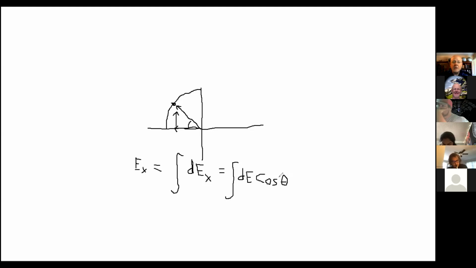And then that's where I said you can replace the magnitude with just Coulomb's constant, the little chunk of charge right there, and then its radius squared.